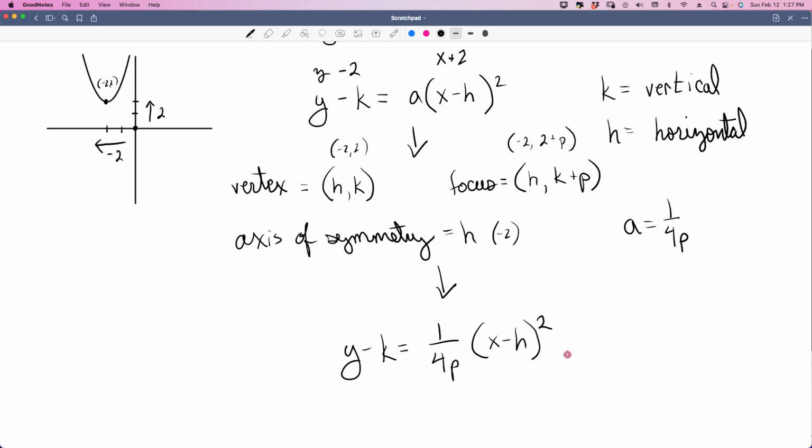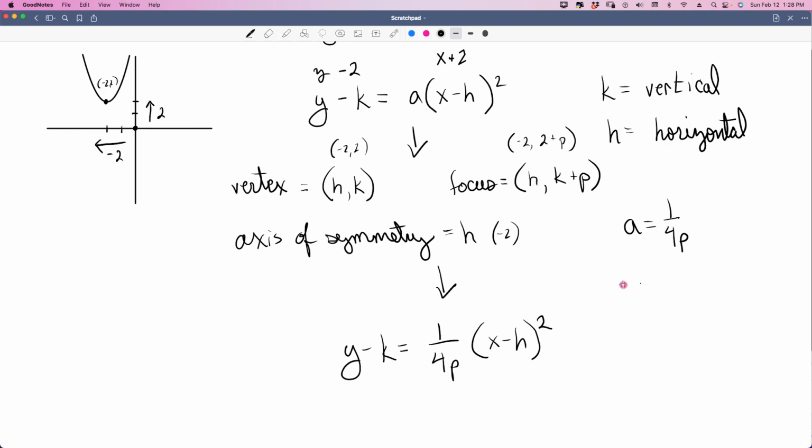And let me see, what was the formula for the directrix? I believe it's the same thing that it was. Yeah, negative p would be the directrix. So I believe the directrix is going to be y is equal to k minus p.